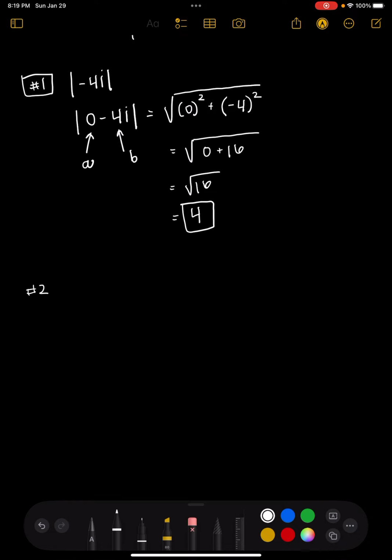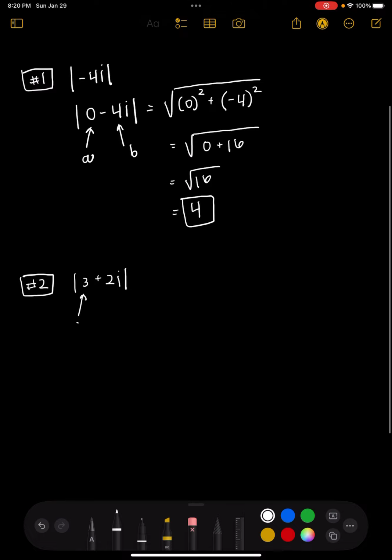Let's go through the second example. So the second example is the absolute value of 3 plus 2i. All right, so when we do the absolute value of 3 plus 2i, I'm going to say that 3 is my a and then 2 is my b. So I'm going to take the square root of a squared, which would be 3 squared, plus b squared, which is 2 squared.